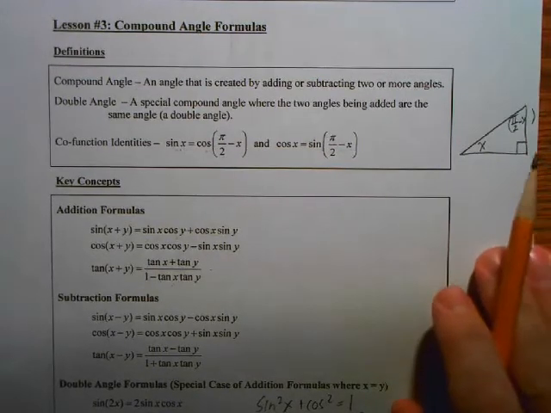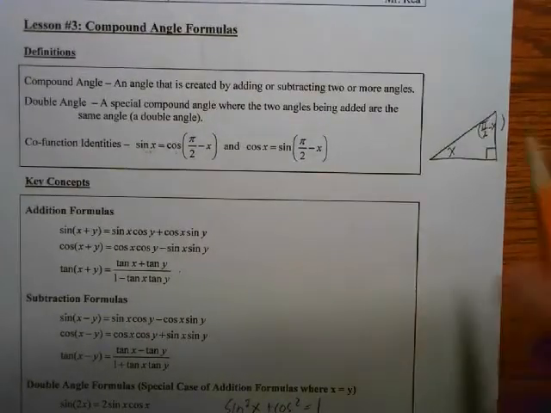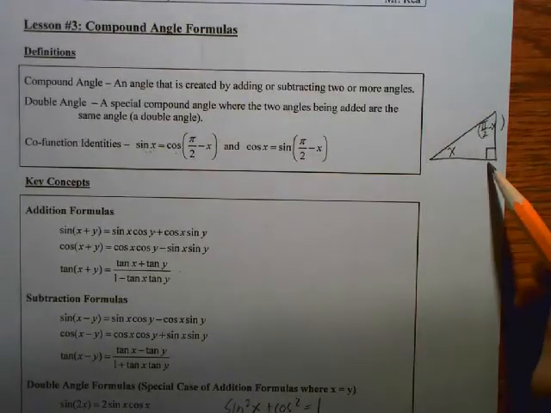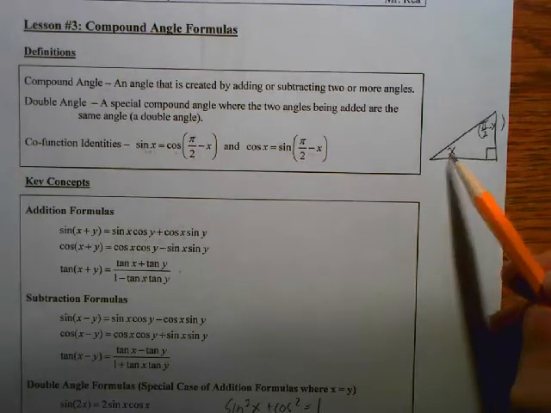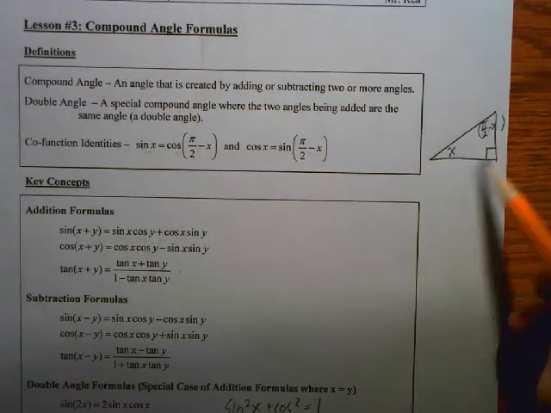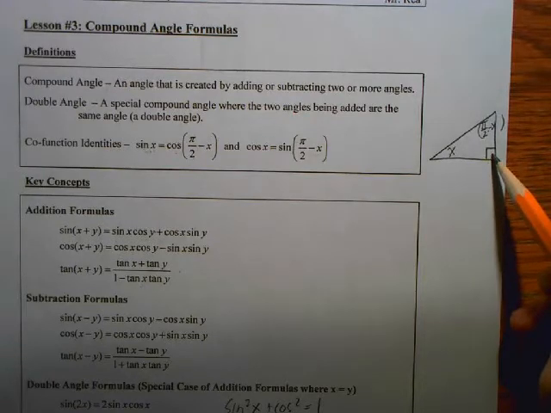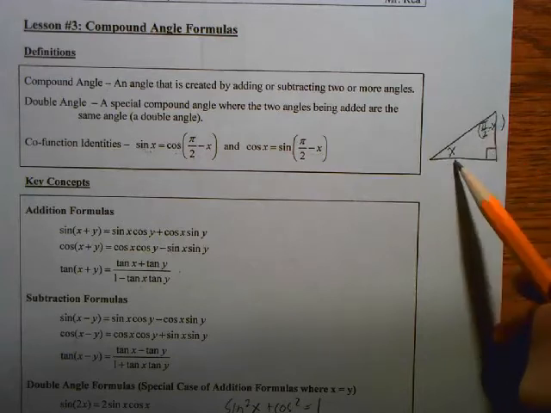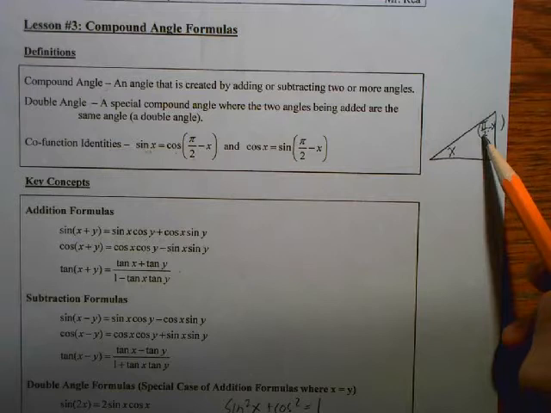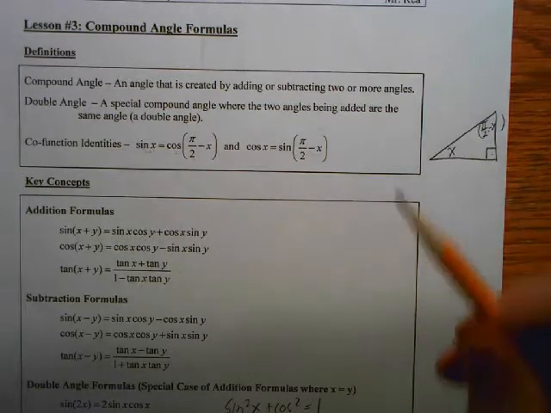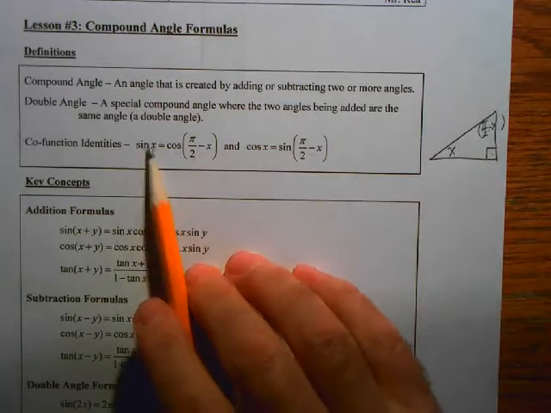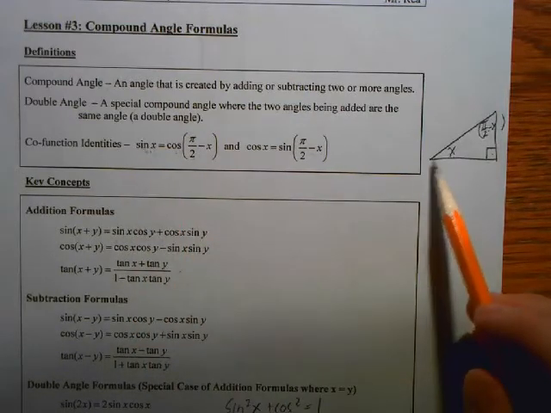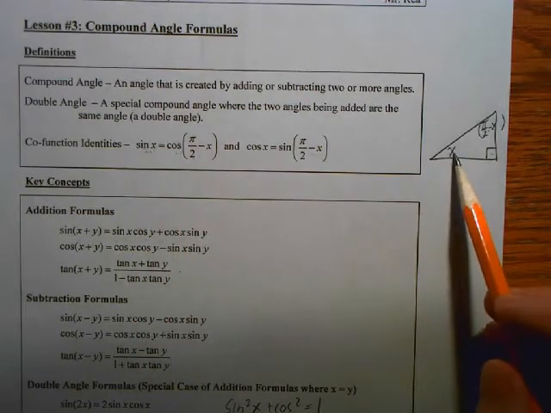You can see that pretty clearly if I create a right angle triangle here. I've got my right angle, I've got my angle x, and the third angle. Think about that right angle as pi by 2, 90 degrees. So the sum of these two has to be 90 degrees, or pi by 2. If that's x, then that has to be pi by 2 minus x. Let's look at the sine of x. I'm looking at this angle as my reference angle.